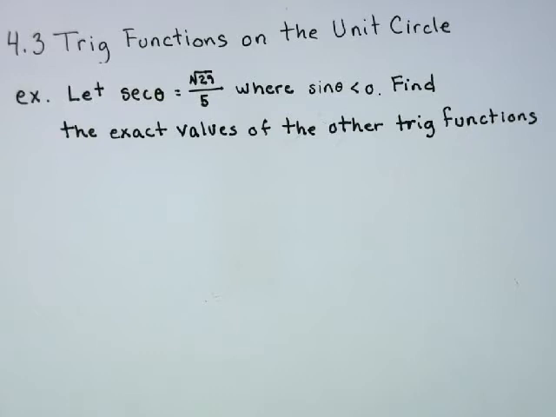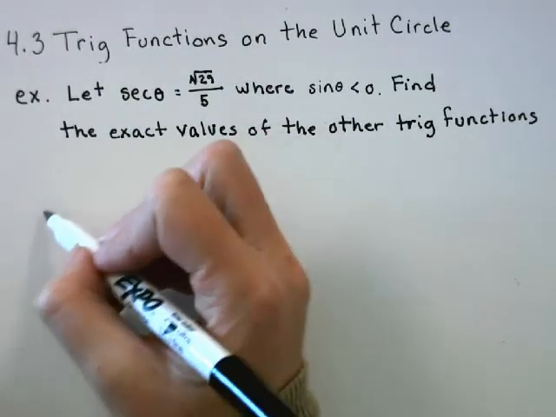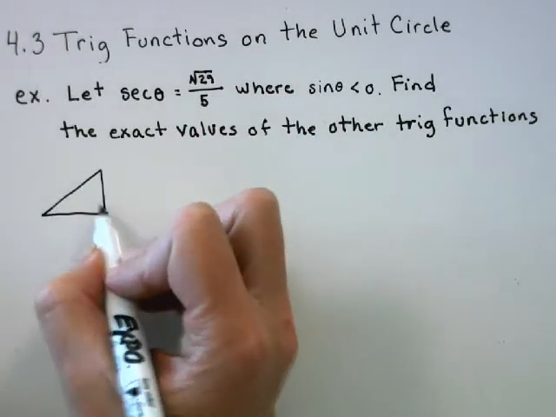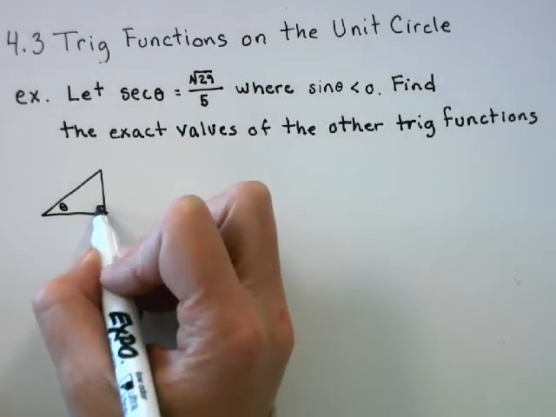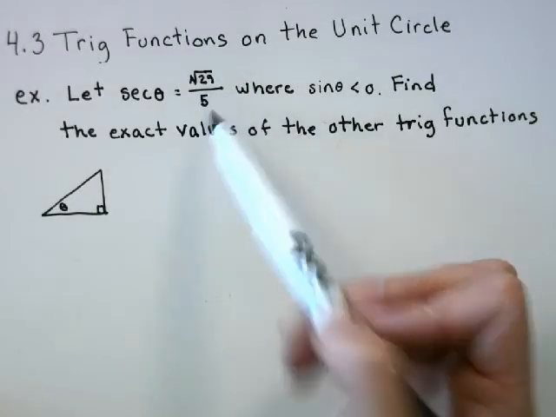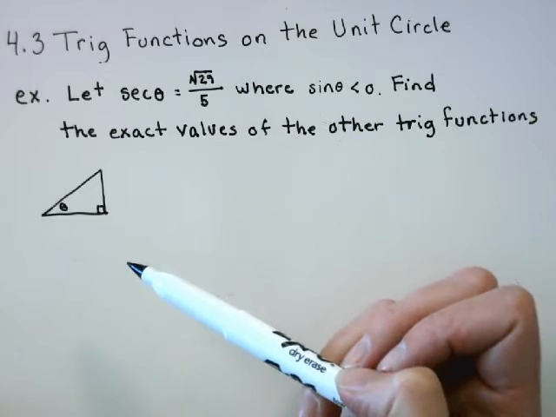Next example, let secant theta equal root 29 over 5, where sine of theta is less than 0, meaning sine's going to be negative. We're going to find the exact values of the other trig functions. I'm just going to draw myself a triangle. There's theta. If secant is root 29 over 5, that's the reciprocal of cosine.